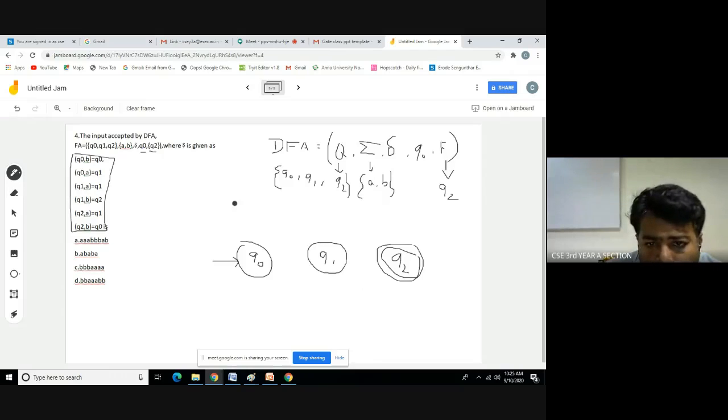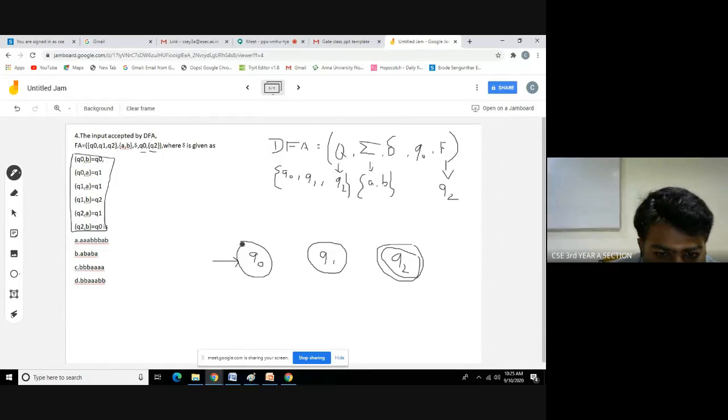Before processing this problem, you have to know that Q2 is your accepting state, and Q0 and Q1 are your non-accepting states. Now just listen. From state Q0, I read the input B, where does it go?